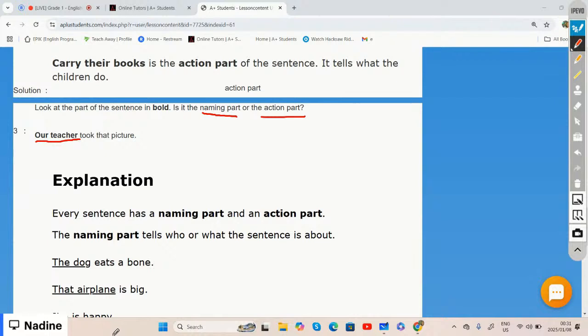And if we were to identify if it's either a naming part or an action part, then we can say our teacher is a naming part. It tells us either who or what the sentence is about. It tells us who took the picture.